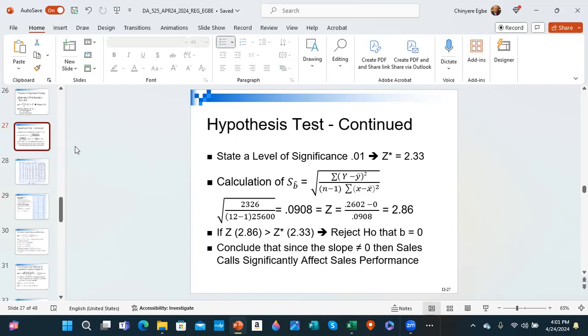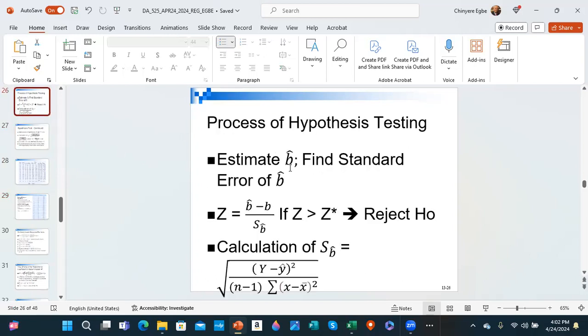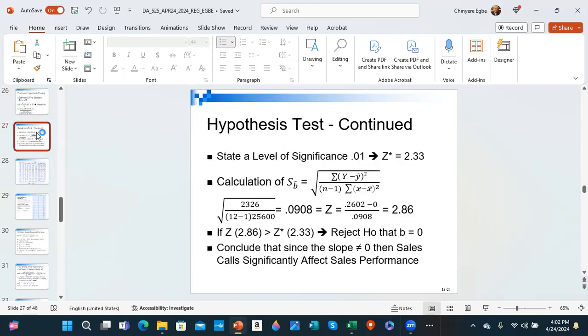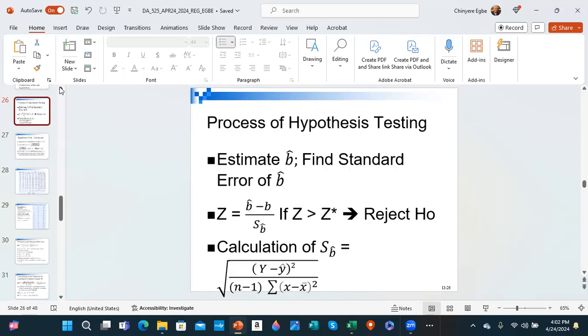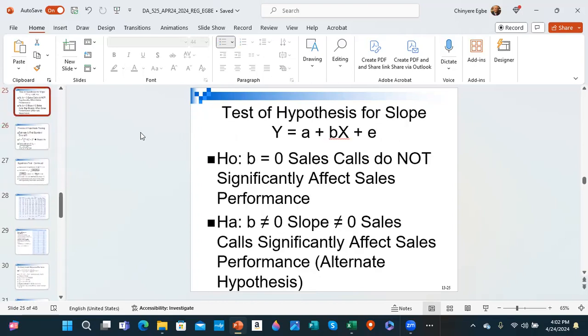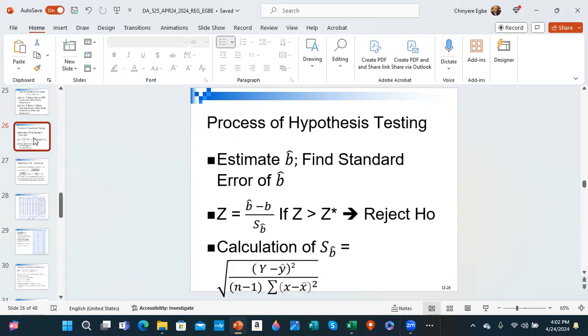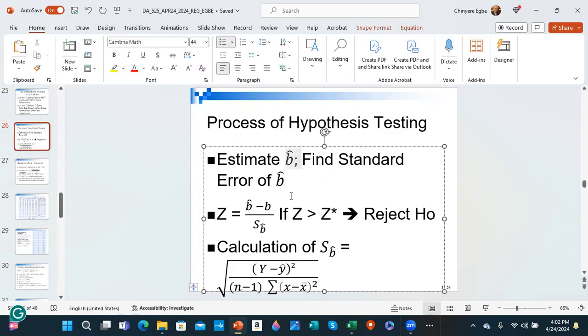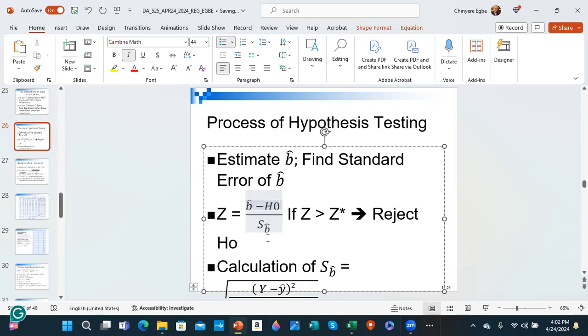Now, after we state the null hypothesis, we estimate, of course, B hat, which we have done, and then we estimate the standard error of B hat, and we calculate Z, which is B hat minus the null hypothesis, and divide that by the standard error of B hat.